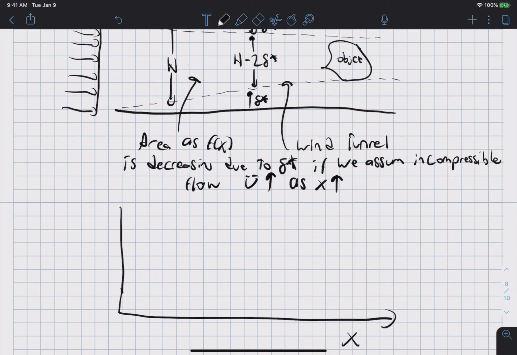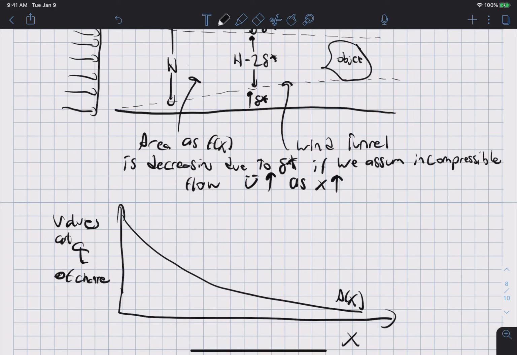if we draw a little diagram here, this is just some value at the center line of the channel, is that the effective flow area will look something like this. And because of that effective flow area, the flow velocity will accelerate.